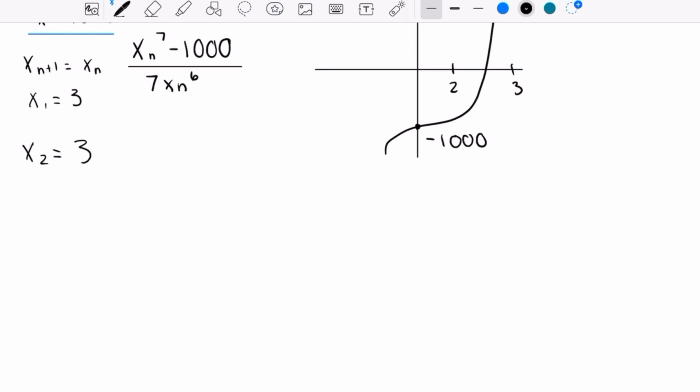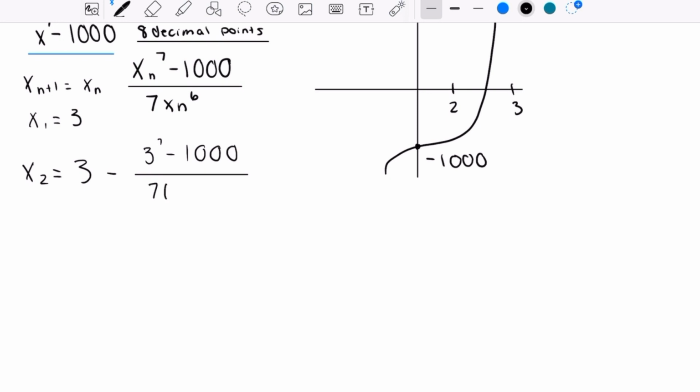So we're going to do 3 minus, and we're going to plug in 3 for our x of n. So 3 to the 7th minus 1,000 all over 7 times 3 to the 6. And if you plug this in, we will get 2.76739173.